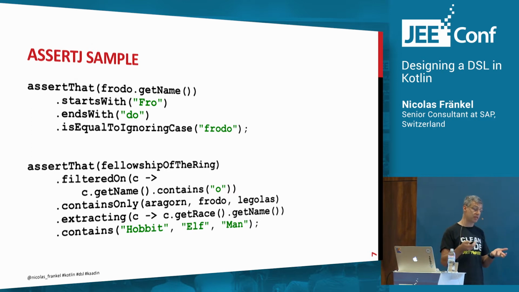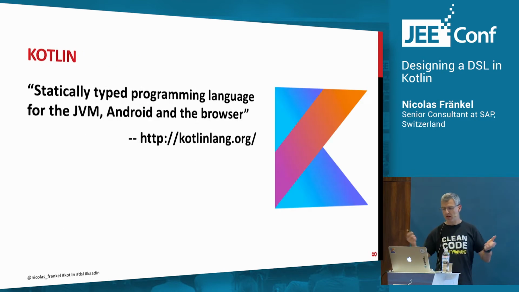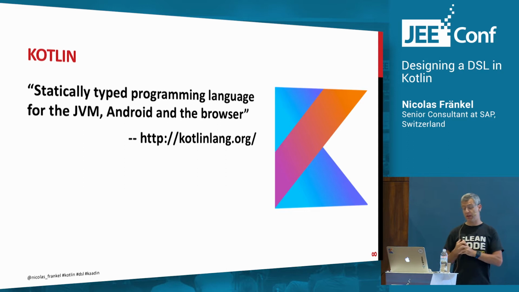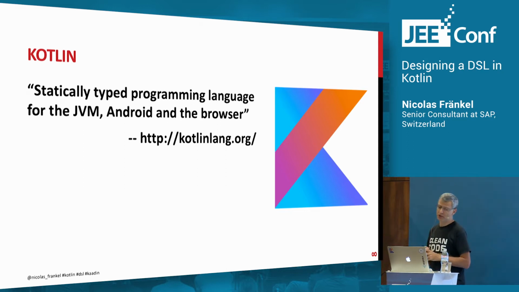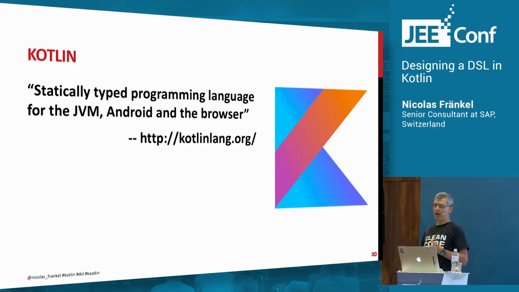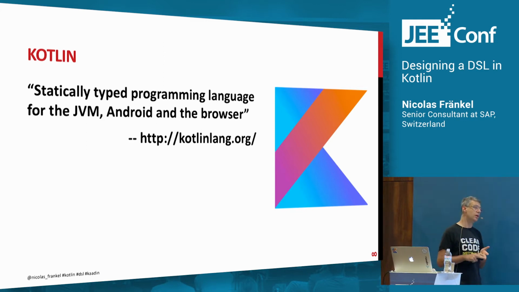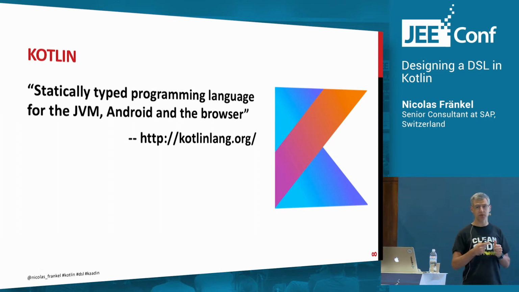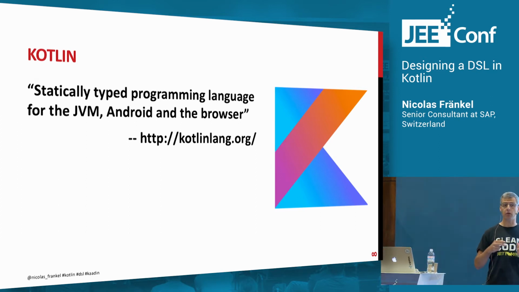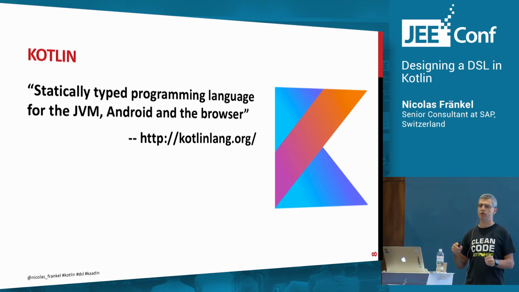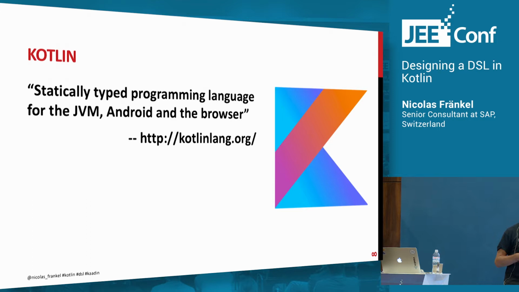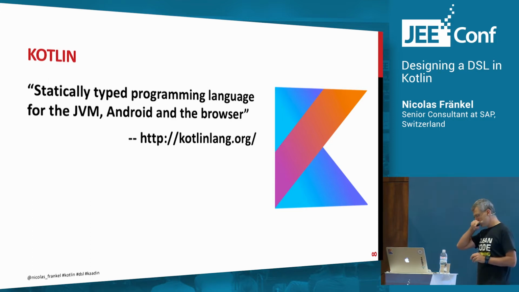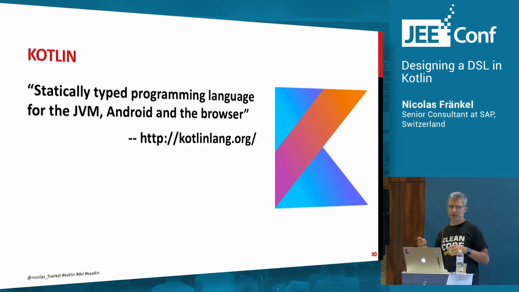And now comes Kotlin, which is, from their website, a statically typed programming language for the JVM, Android, and the browser. And you might have learned recently that it's also for JavaScript. So you can compile or you can transpile your Kotlin code to JavaScript or to native code. So you can have an executable that runs on Windows, on Mac, on Linux.